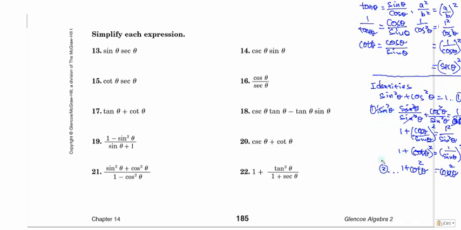The third one, if you take the first identity and divide by cosine square theta, you have sine square theta over cosine square theta plus cosine square theta over cosine square theta equal to 1 over cosine square theta. Okay, this one cancels, you get a 1.